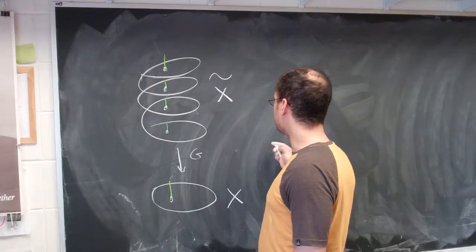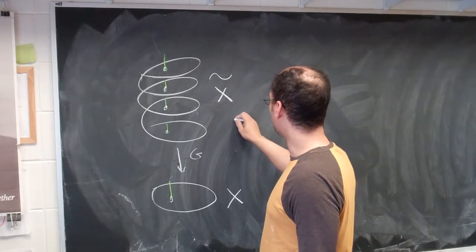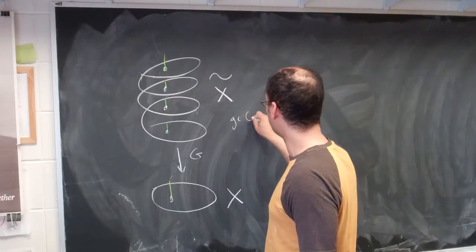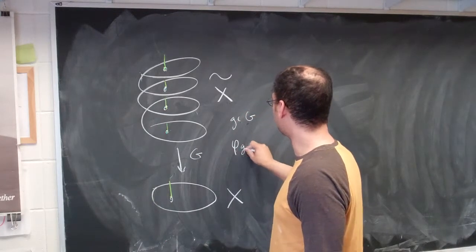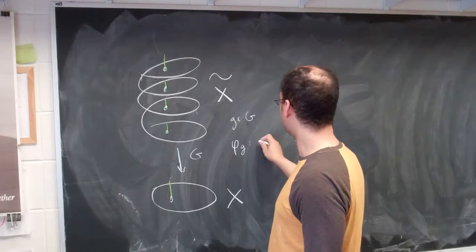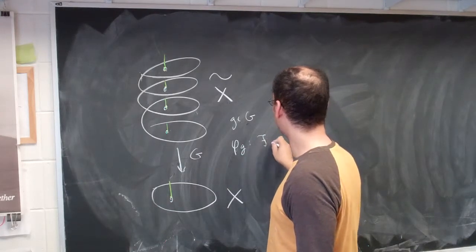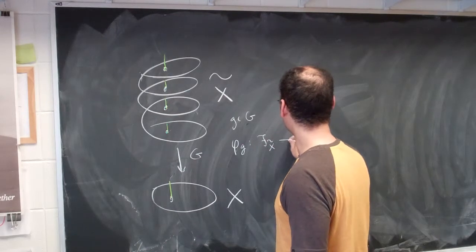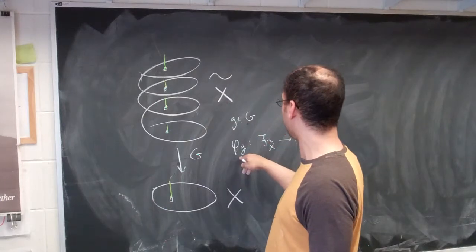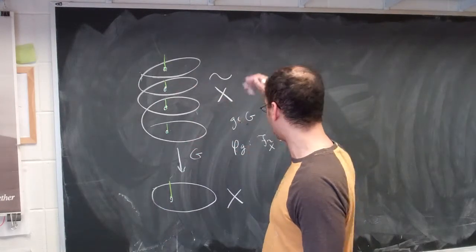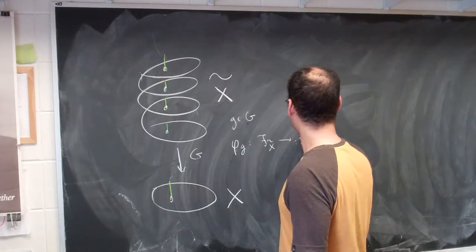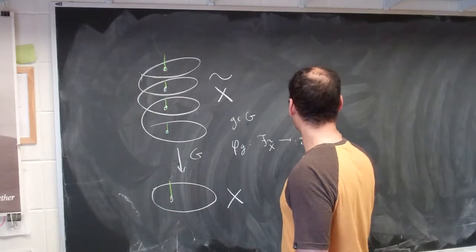So that is to say, what we want is for each g in G, some phi_g, which gives an isomorphism between the family on x tilde and the family after pulling back using the deck transformation. So you can call it the pullback by g of the family on x tilde.